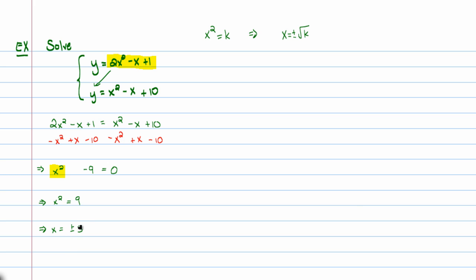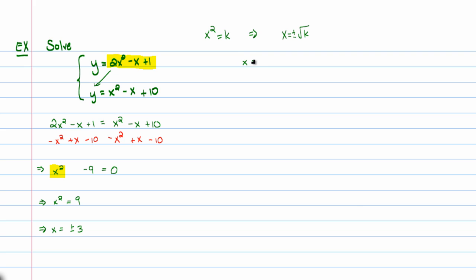The reason why we have the plus or minus, recall, is that if x were positive 3, well, positive 3 squared definitely is 9, but x could have been a negative 3 because a negative 3 squared is also equal to 9. So we'd have to have both possibilities. This is very typical, by the way, of quadratic systems, in that we sometimes get two solutions.